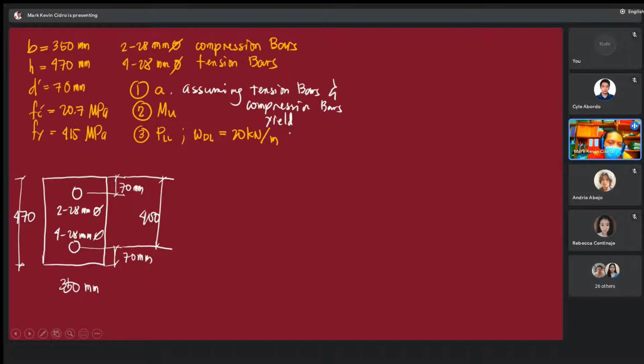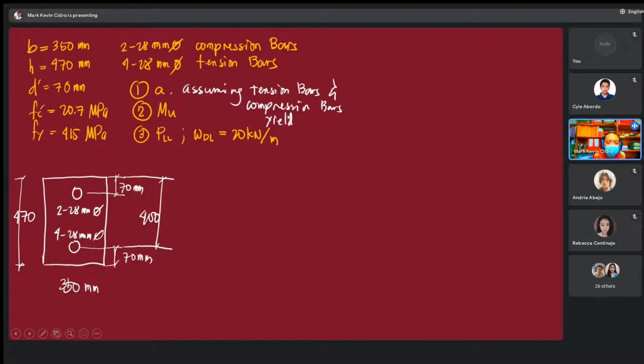This is the given. We are to solve for the depth of the compression block, Mu, and P_LL. Take note, for A, we are to assume that the tension bars and compression bars yield, because that is what we will solve here.